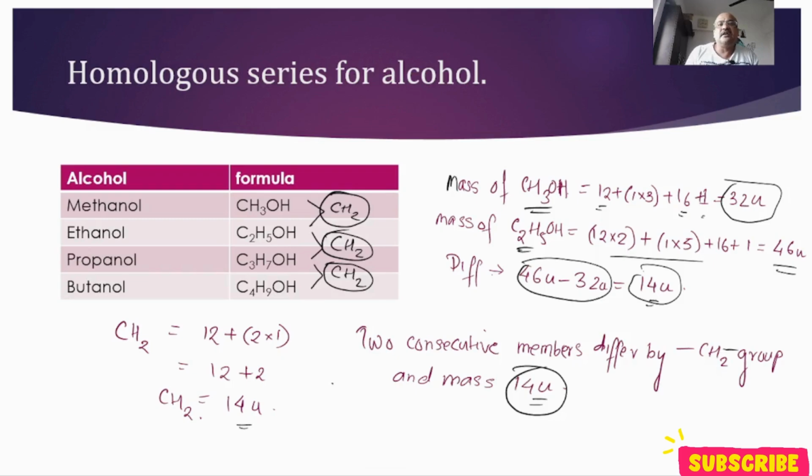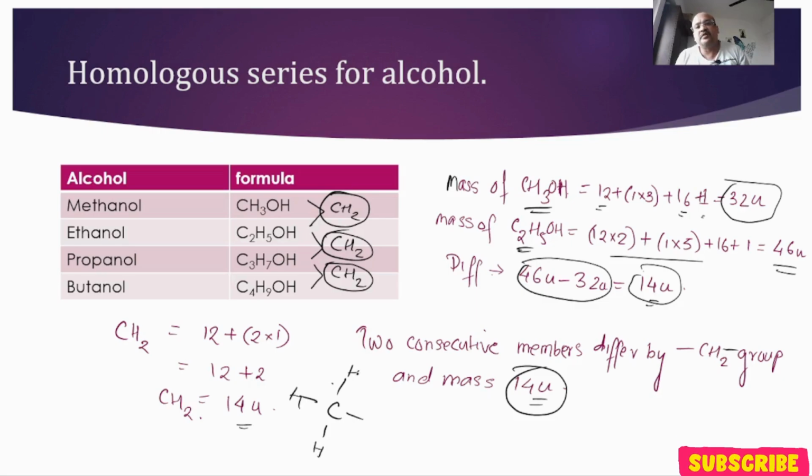So now let us take another example, the homologous series of alcohol, right? The first one is methanol. Here you see methanol. Here, see, tetravalency of carbon is there.